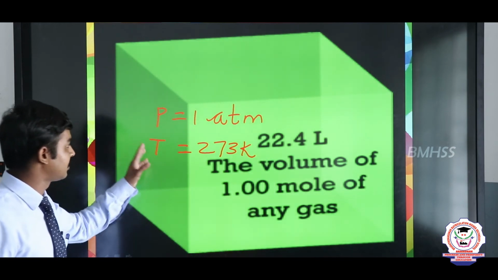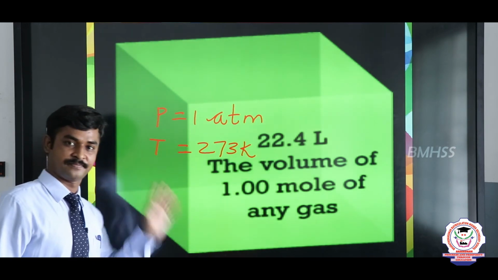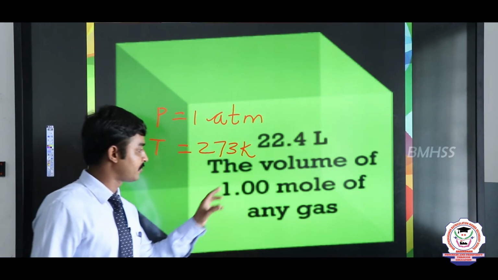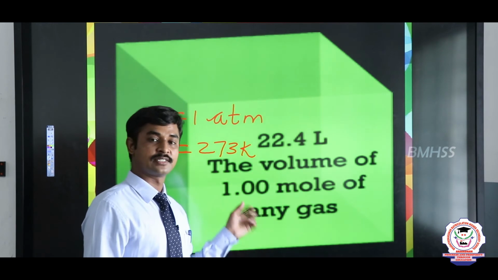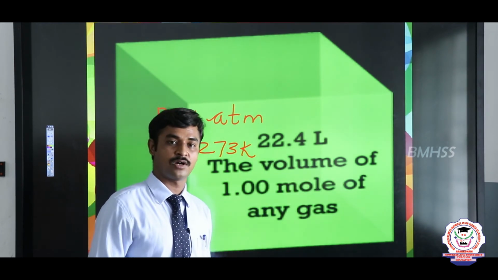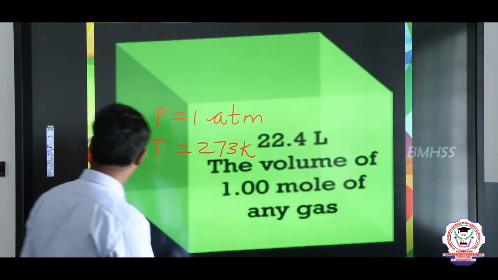It is the standard temperature and the standard pressure. At the standard temperature and pressure, 1 mole of the gas has the volume 22.4 liter. It is the accurate volume of 1 mole of the gas.